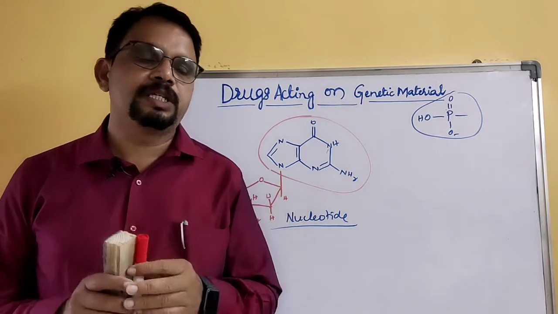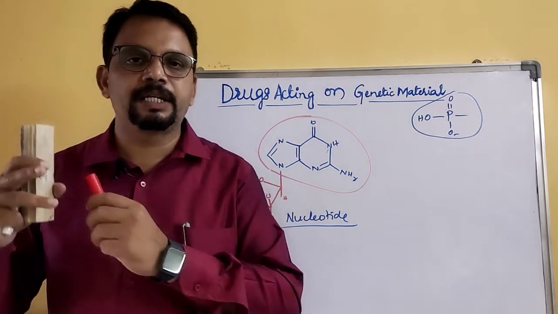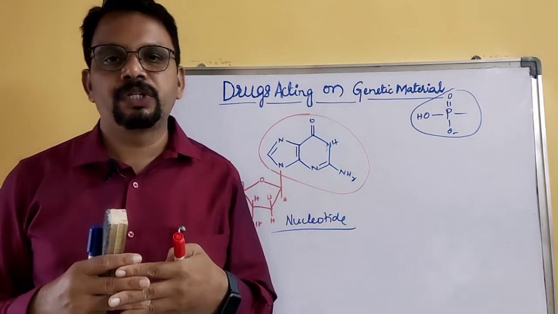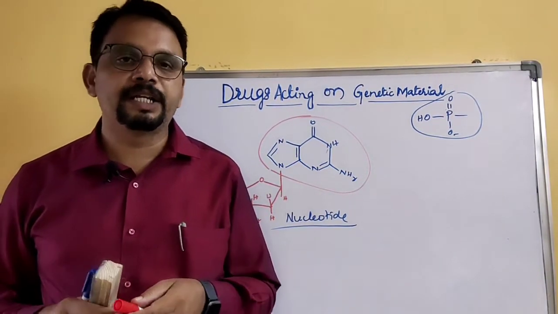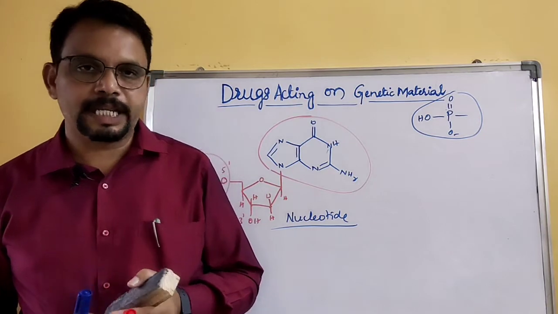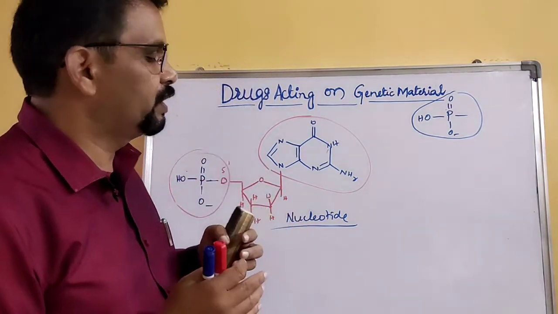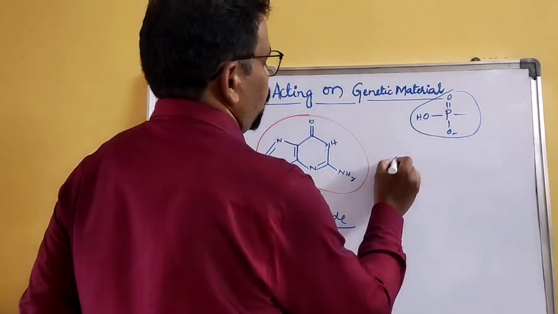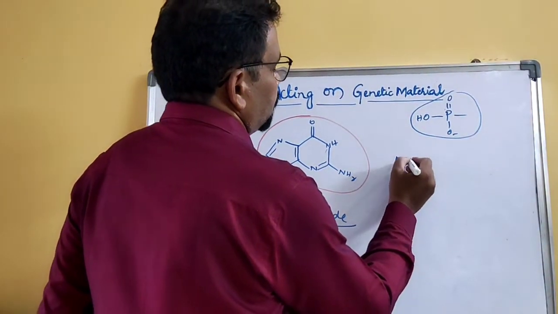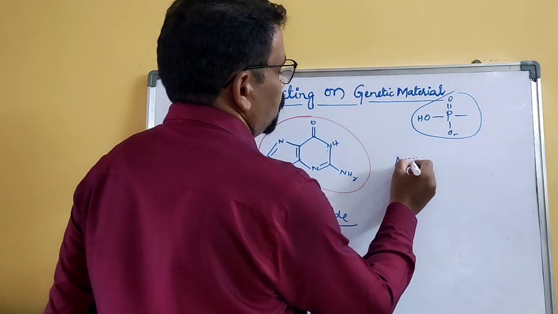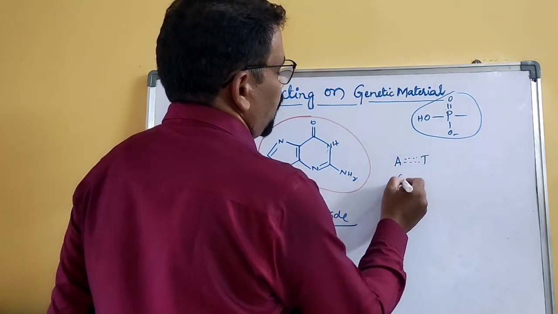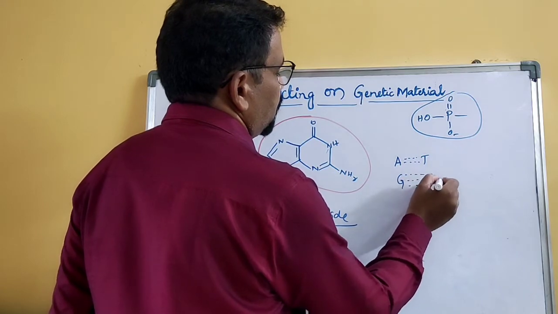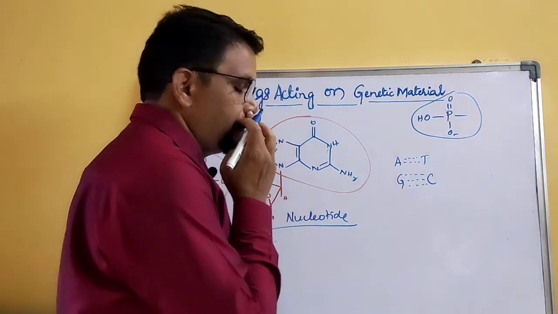These bases, sugars and phosphates combined together form the DNA double helical strand, and in between there are hydrogen bonds. Adenine always forms bonds with thymine with 2 hydrogen bonds. Guanine always forms 3 hydrogen bonds with cytosine. So these are the base pairs.